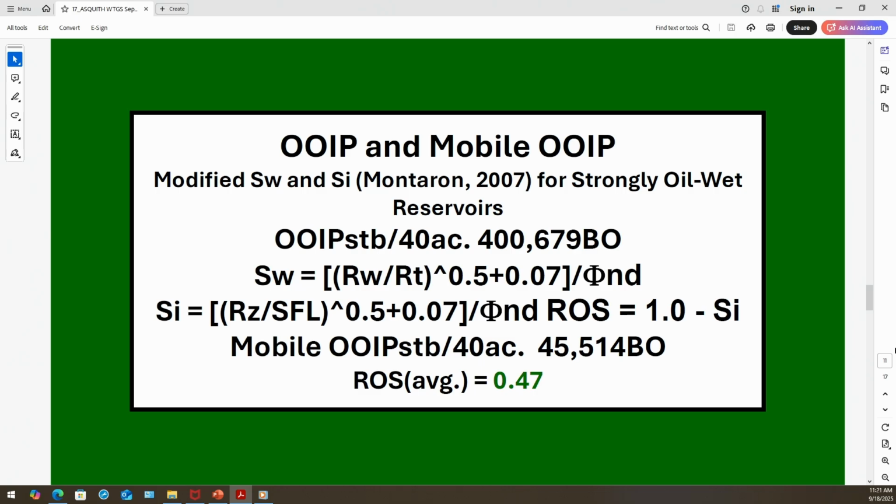That would give us a mobile oil, oh my gosh, a little over 45,000 barrels of mobile oil. That would give us a residual oil saturation not of 30%, as an estimate for a water wet reservoir, but a residual oil saturation of 47%.